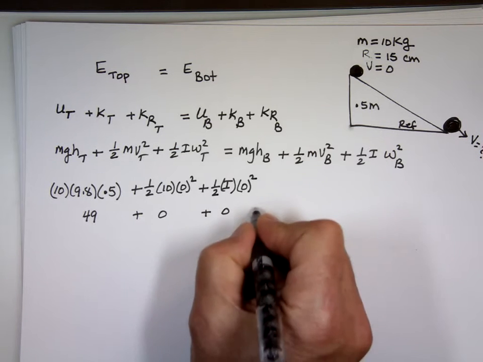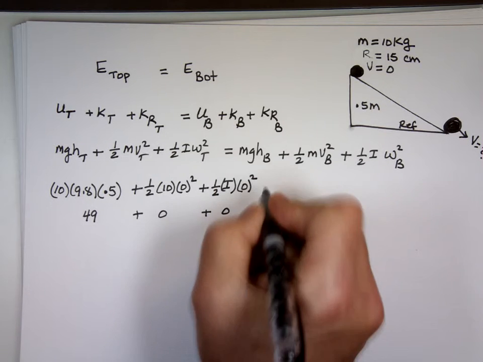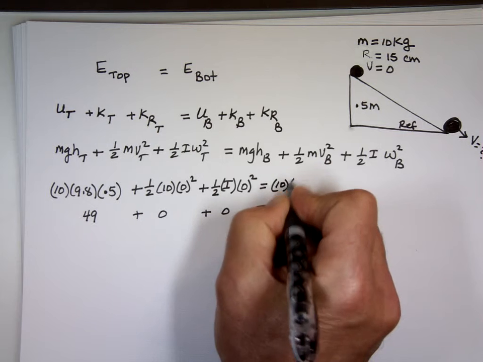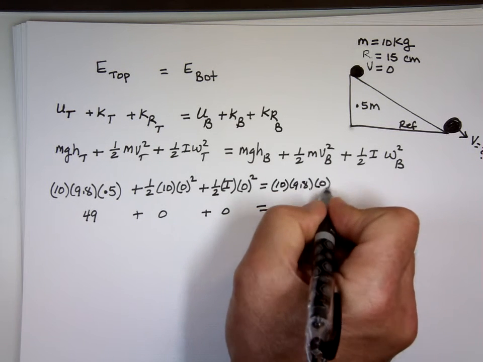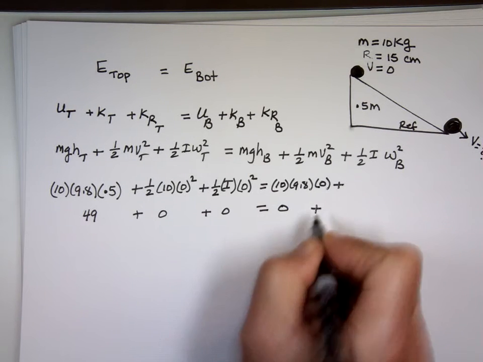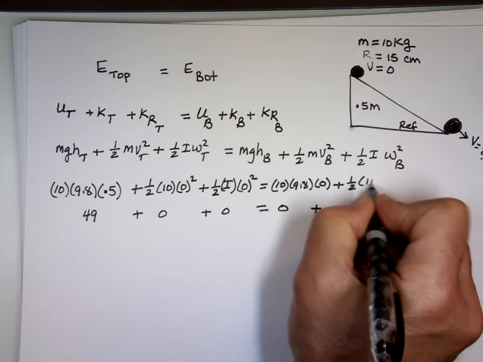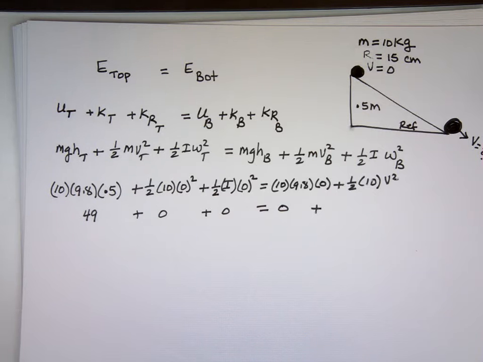The bottom. What's the potential energy? Mass, 10. Gravity, 9.8. What's the height at the bottom? 0. That's a 0. The kinetic energy, 1/2 times 10 times V squared. We don't know V, we're looking for it.